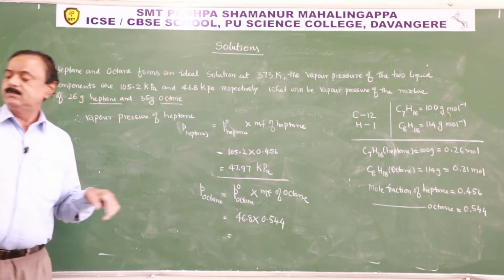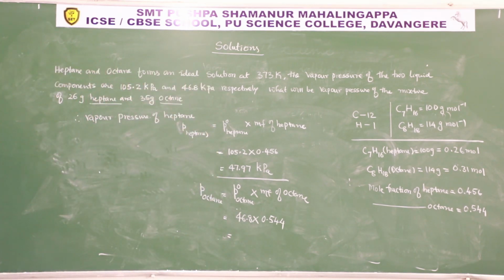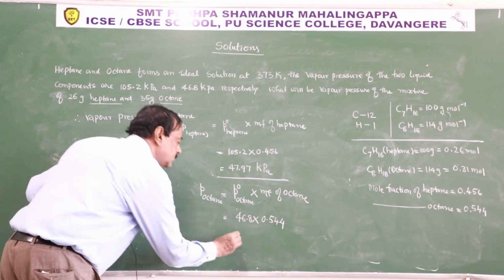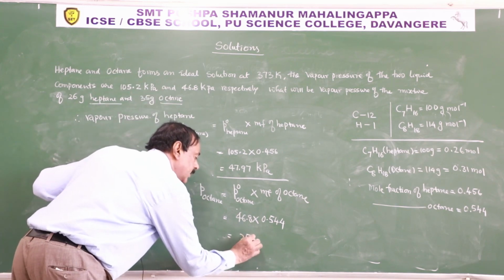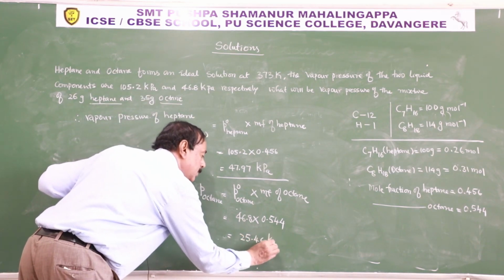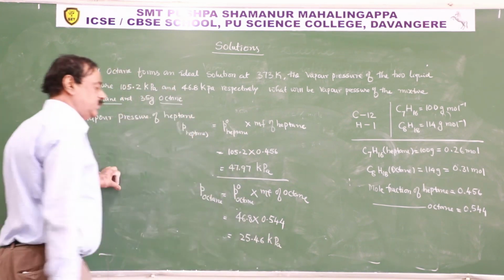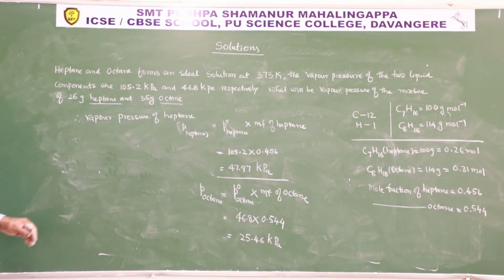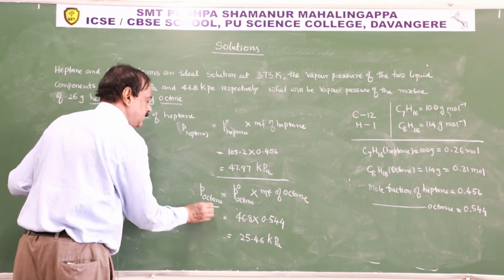Multiplying these two, we have partial pressure 25.46 kilopascal. This is the partial pressure of the octane.